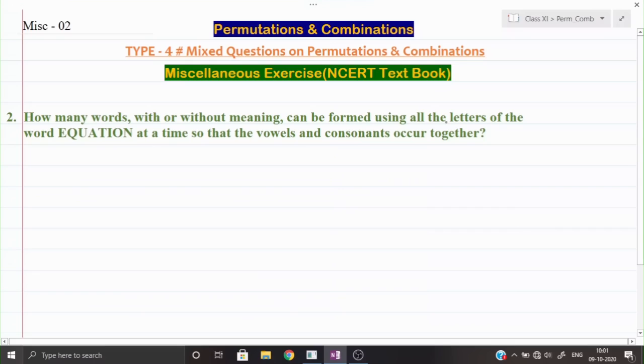No. See, first of all we shall write down here the total number of letters. So how many letters are given here? See how many letters are there? 1, 2, 3, 4, 5, 6, 7, 8. Again 8 are there. Number of vowels: how many vowels are given here?